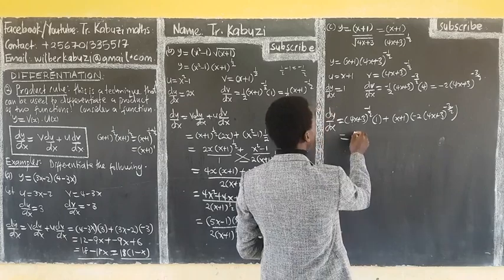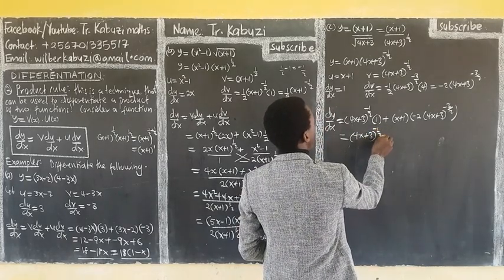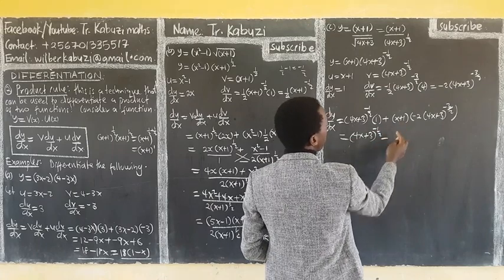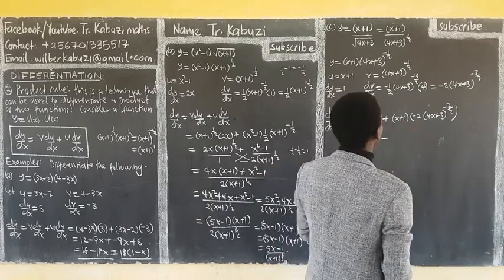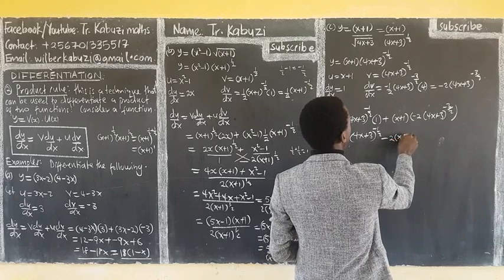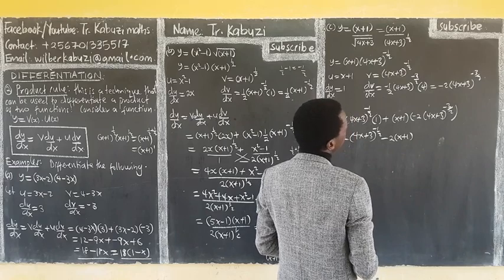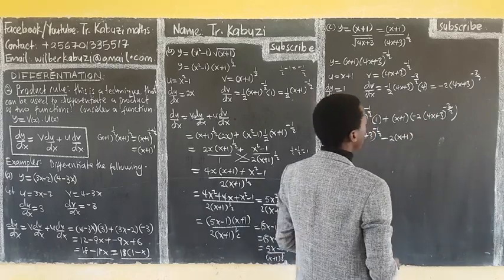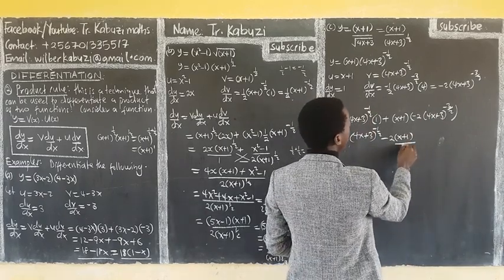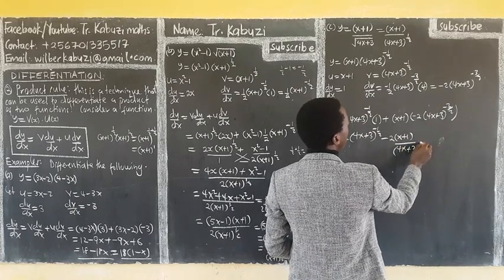So this will be the same as (4x + 3) to the power negative a half. Then we multiply here, we have minus 2 into (x + 1). Now we push this down and we have it as (4x + 3), and now this power will be 3 over 2.